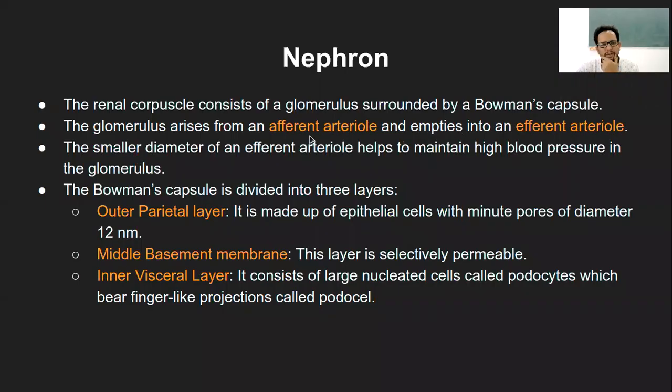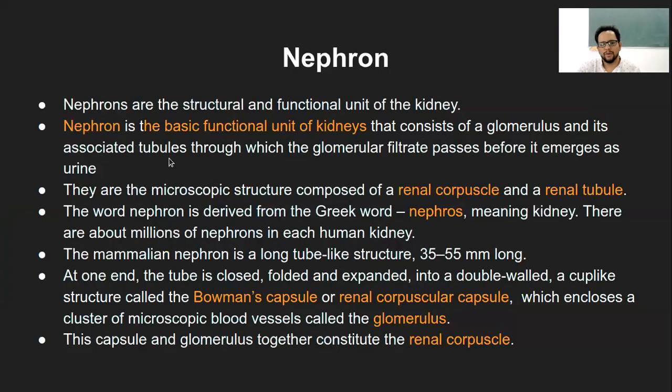So that is what this slide is saying. This nephron consists of a glomerulus, that is the capillary network, and its associated tubule. That means whatever tubes the glomerulus is associated with, through which the glomerular filtrate passes.